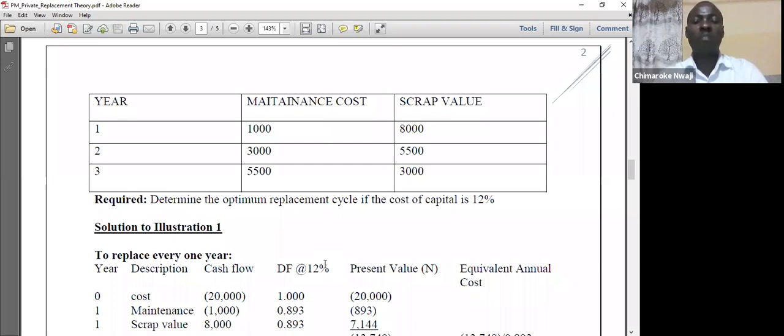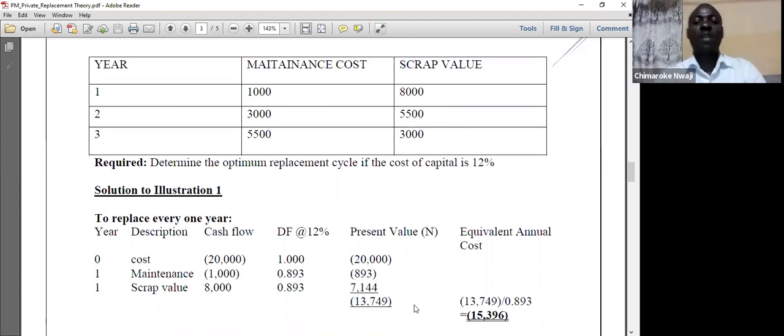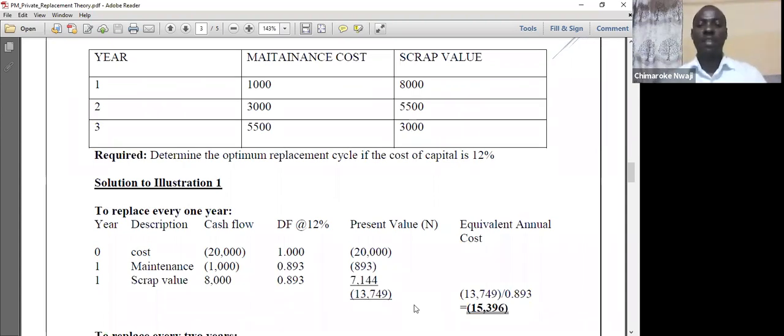We looked at the present value of each of the cash flows that we got from the assets, and we now look at what is the equivalent cost for each year.